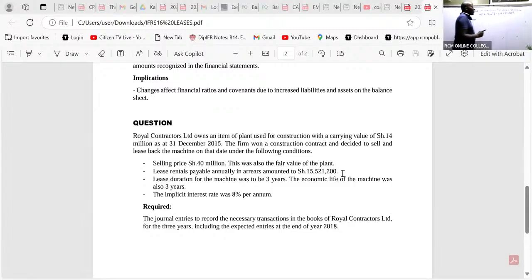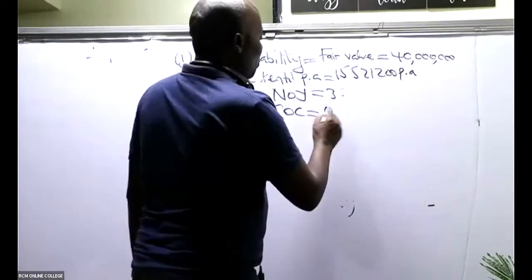And this lease rental will be paid for how many years? Remember, this is supposed to be a lease for 3 years. So number of years are 3. And then they have also given us the cost of capital or the implicit interest rate. This is the rate of return. The implicit interest rate is 8%.